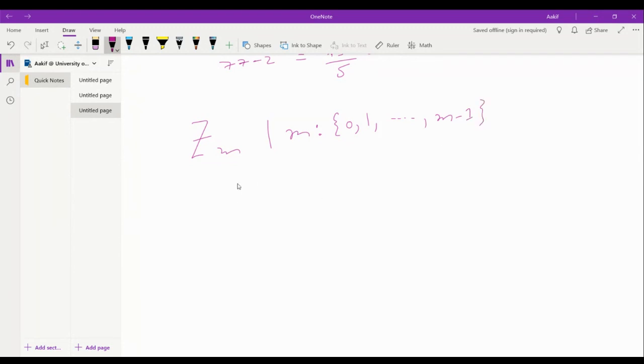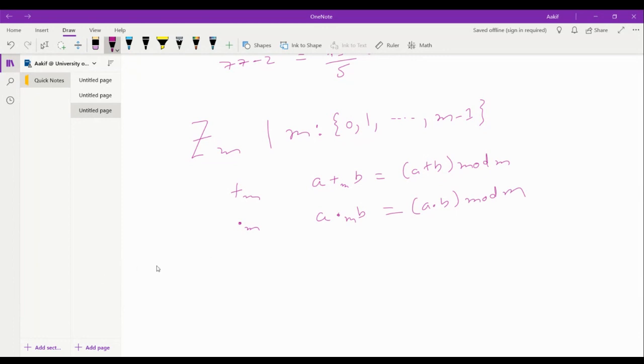If we come across operators such as plus_m, and its usage in the expression is like this, then it means the same as a plus b mod m. Similarly, if we come across the times_m operator used in an expression, it is the same as a times b mod m.